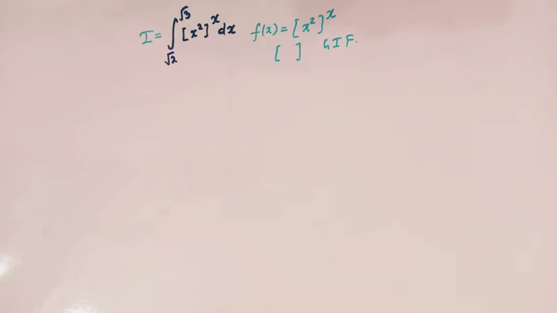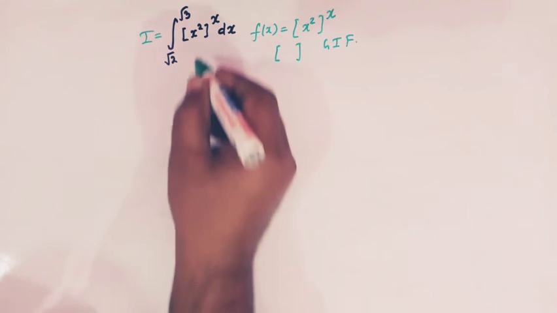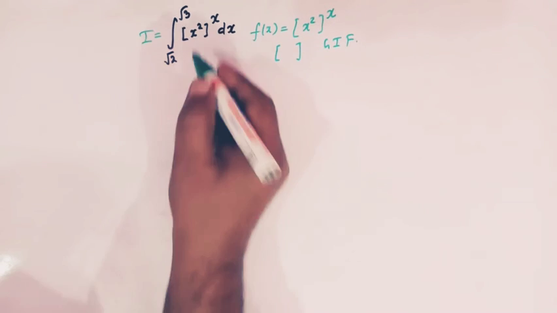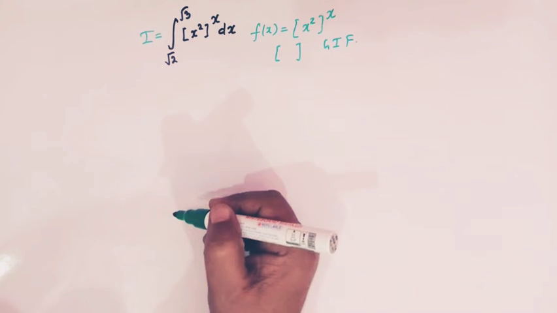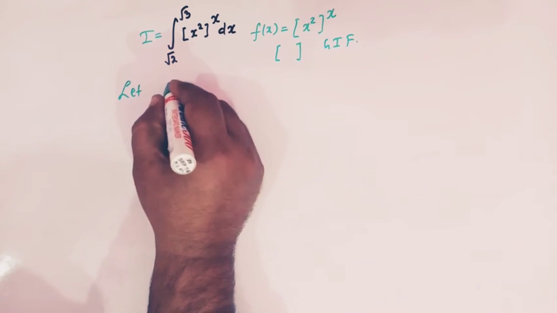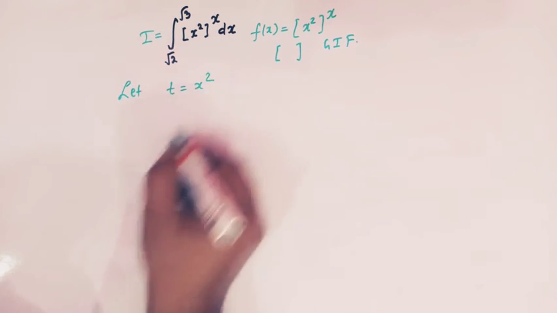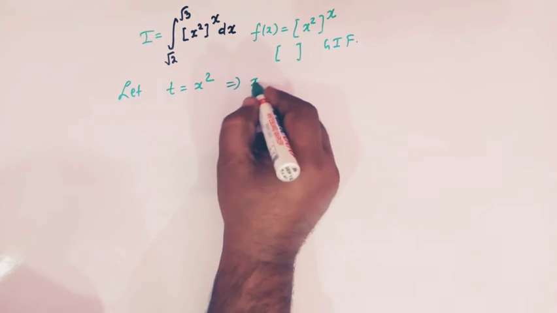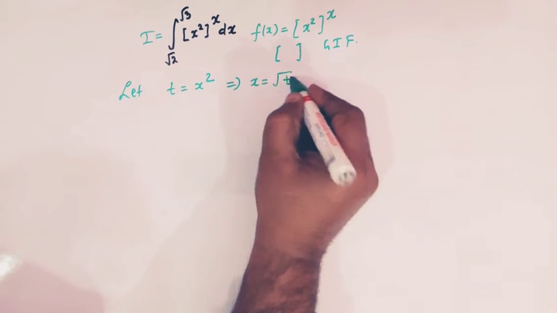In order to evaluate this integral, let us take the help of the substitution method. Let us substitute t is equal to x square. So when t is equal to x square, it means x is equal to square root of t.